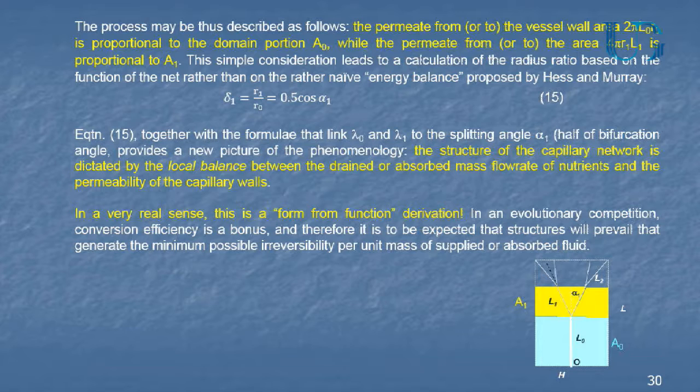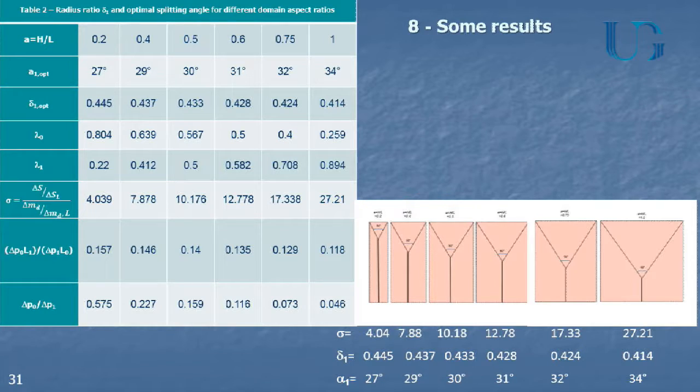Now, what happens if I assume these areas, A1 and A0, as the influence areas of the single branches? Next, please. I get this result. This is the aspect ratio. Very slim domain, fatter and fatter domains, until here I have 1. So a domain which is square.